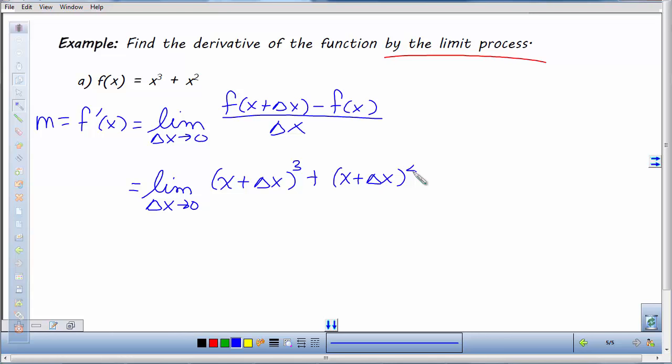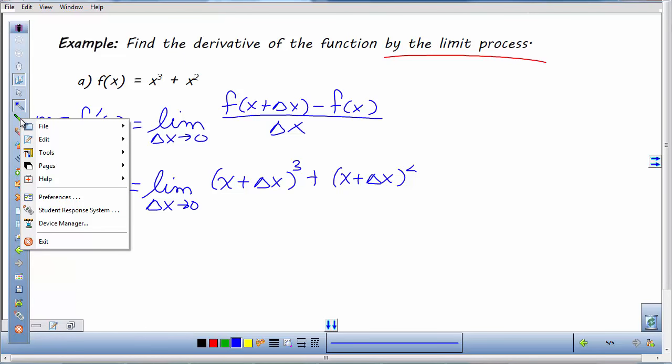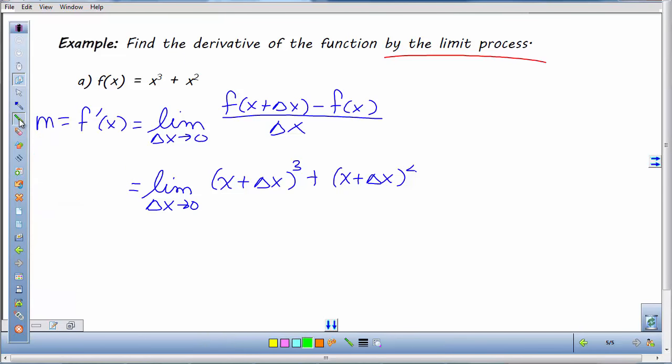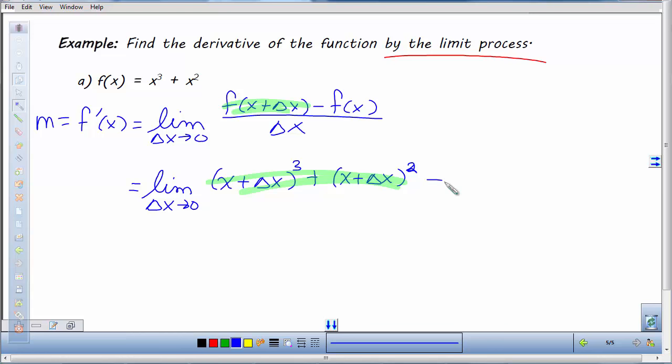All of that is just my f of x plus delta x, because we had the cube of x plus delta x, and we also had to square it. Now I'm going to subtract from this f of x, which is just x cubed plus x squared, and this is all over delta x.